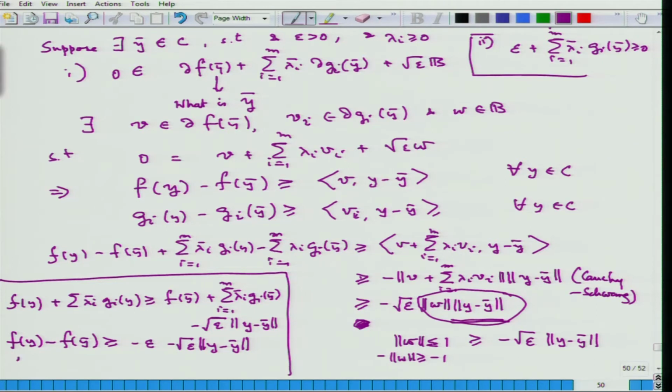So, I can write this as f y plus root epsilon norm y minus y bar, minus f y bar, is greater than minus epsilon. But here in case of y, if you put y equal to y bar, this part will vanish. So, I can also write here plus root epsilon norm y minus y bar. So, what it shows is that this is some sort of a different sort of minima. One can also define an approximate minima of this form.